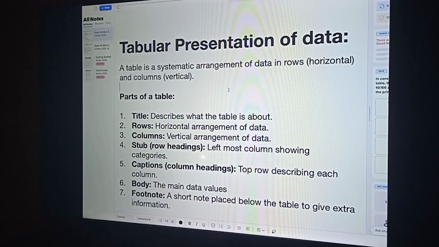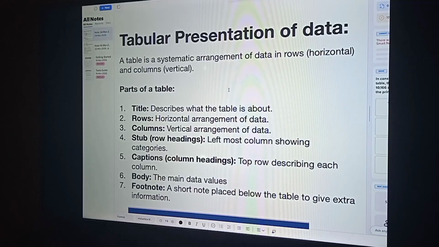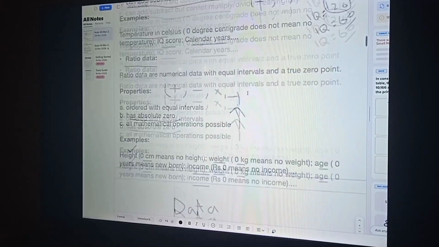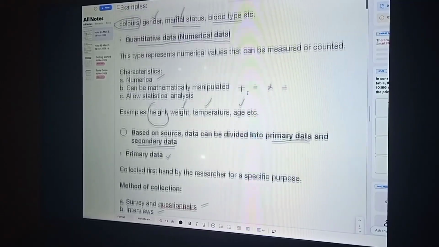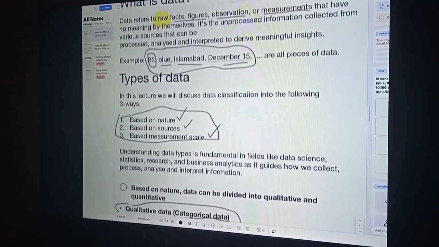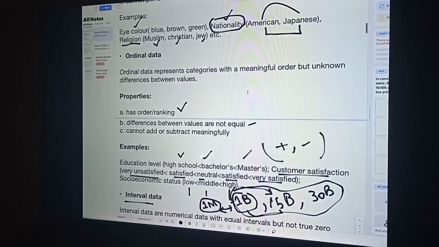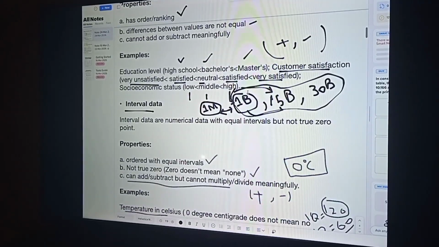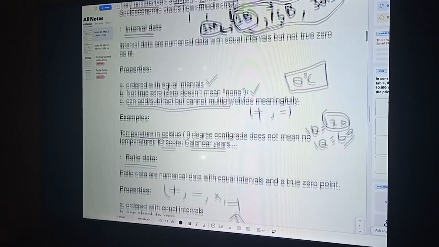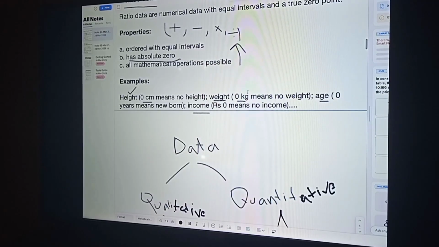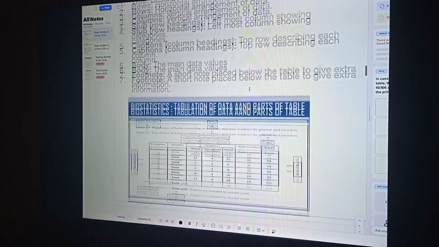In this lecture, we will learn about the tabular presentation of data. As we have already studied data and its types in the previous lecture, now the question is, how do we present this data so that it becomes easy to understand?